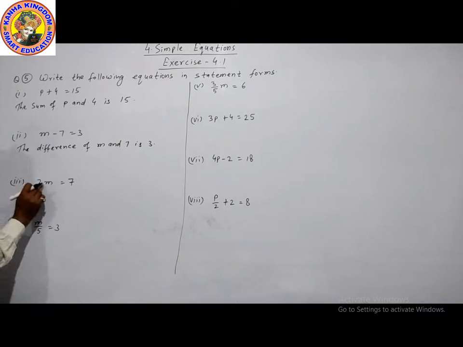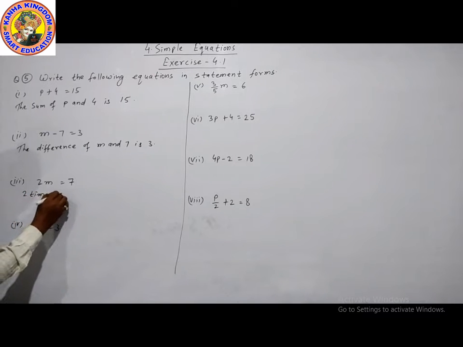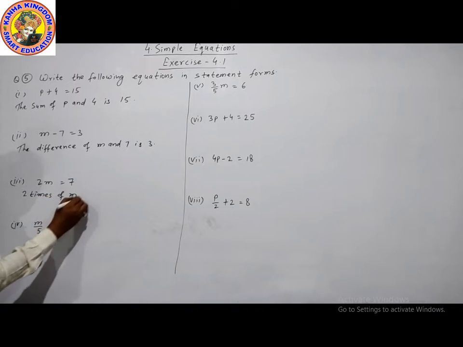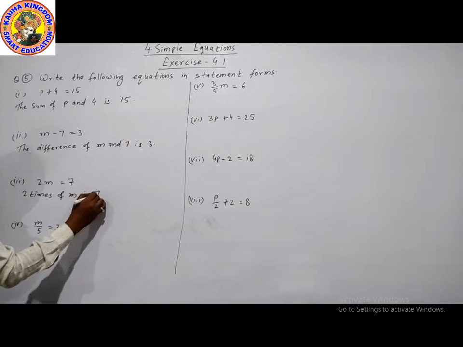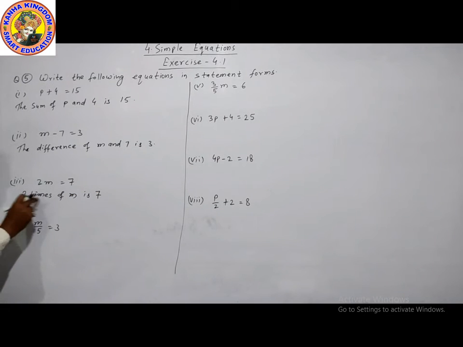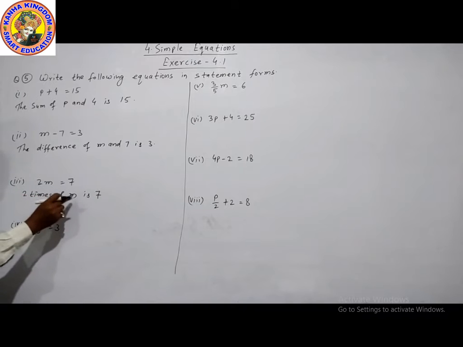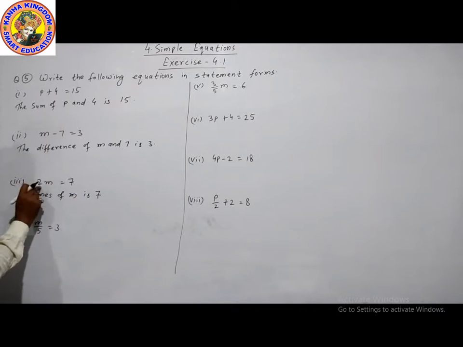Here is 2m, 2 into m, 2 times m, is equal to 7. 2 times means 2 multiply which number? m. 2 multiply m is equal to 7.